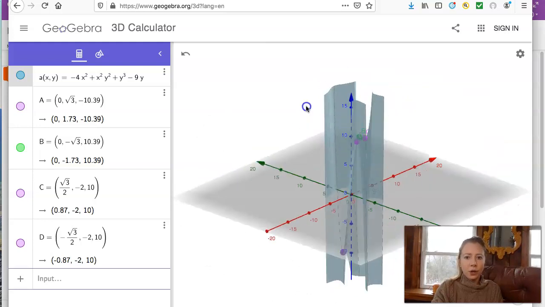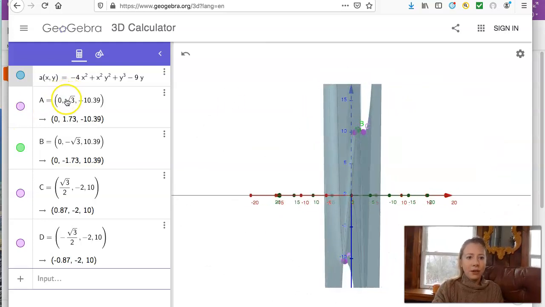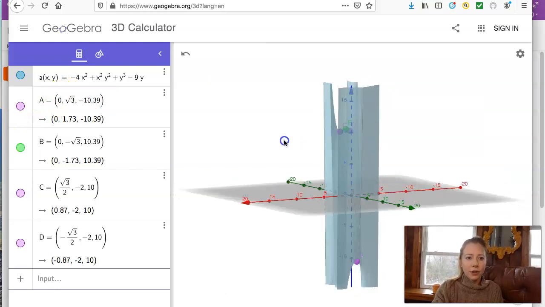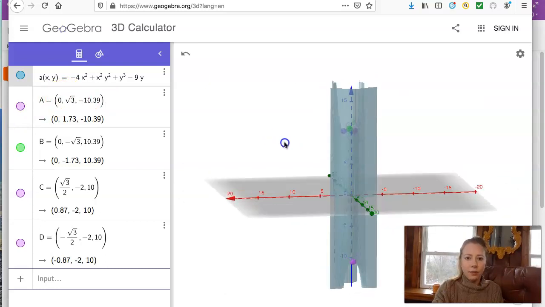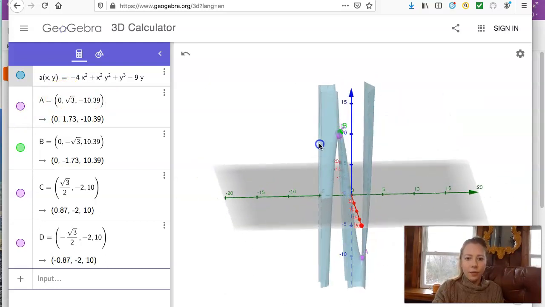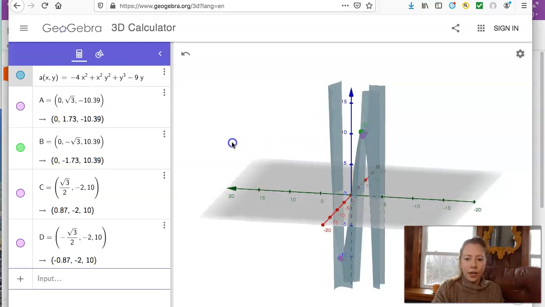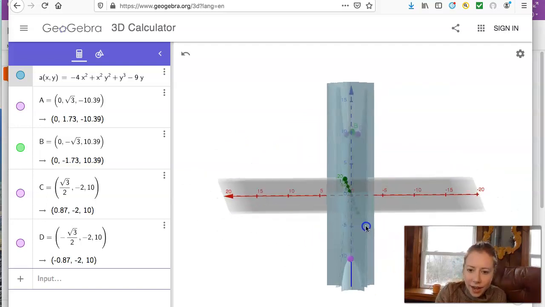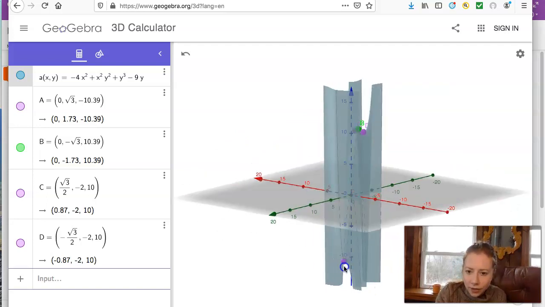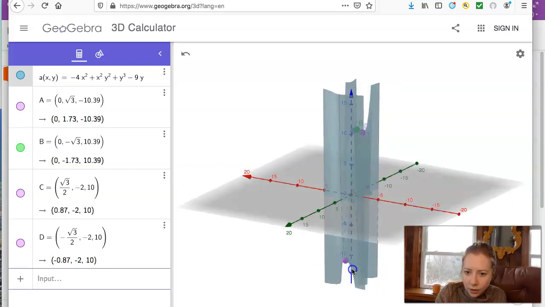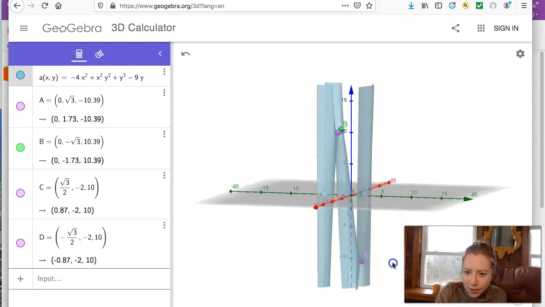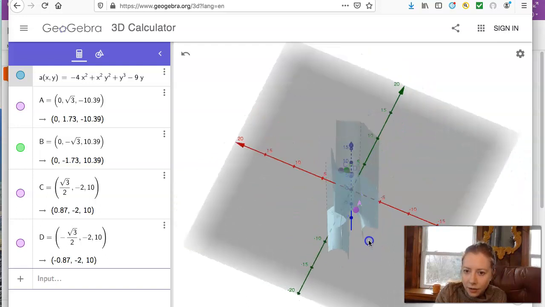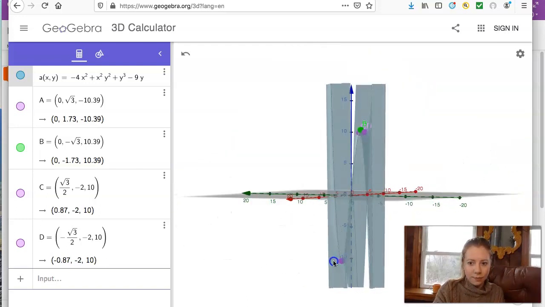So first, critical point A, that's x equals 0, y equals the square root of 3. For that point, we have a saddle point. Okay, so there's a saddle. You can see what that looks like from a few different angles there.